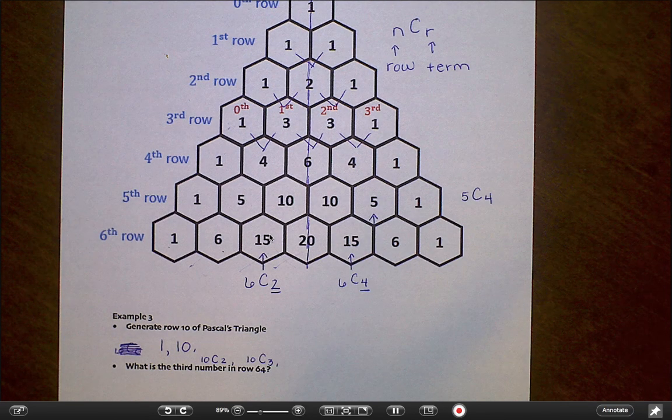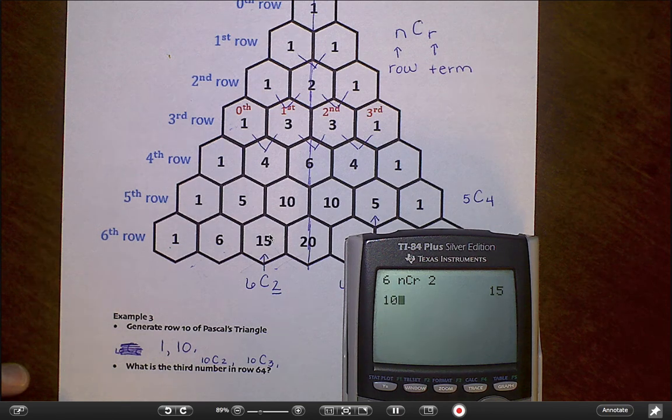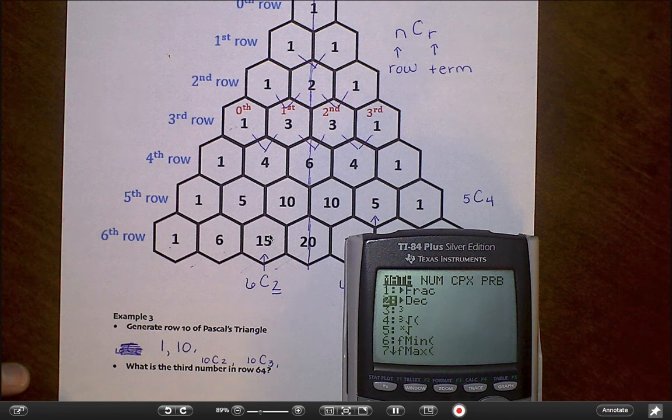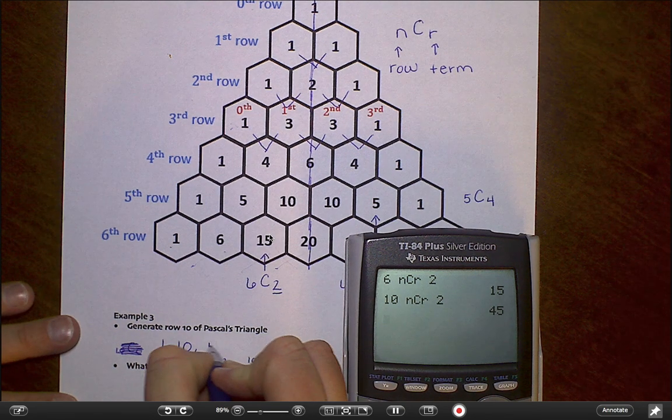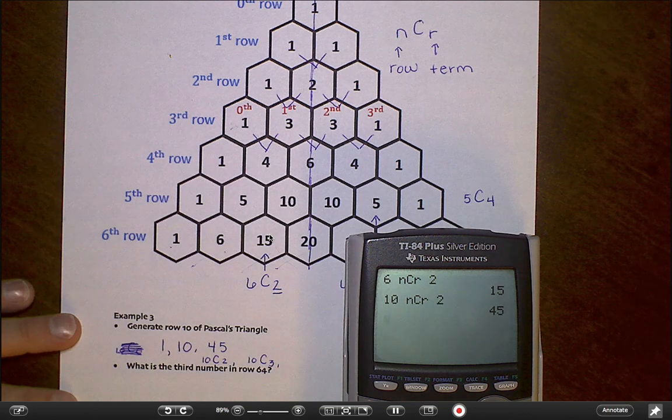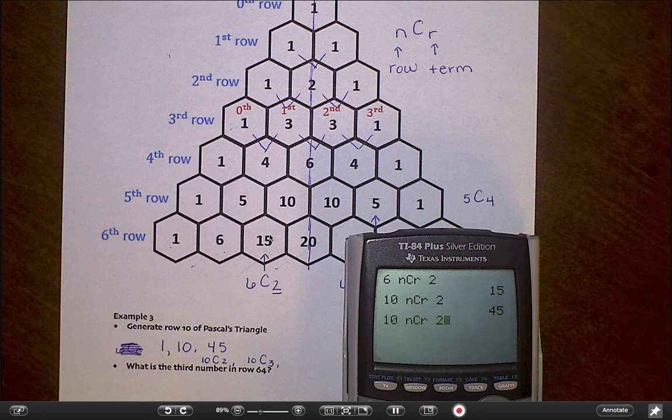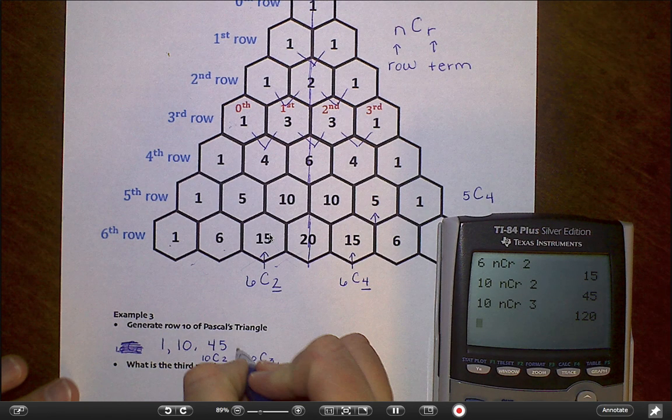So let's go ahead and start generating some of these. I'm going to do 10 choose. Now I don't have to do 0 or 1 because I know what those are going to be. So 10 choose 2 would be 45. I'm just going to hit second enter and switch this to 10 choose 3. That should be 120.